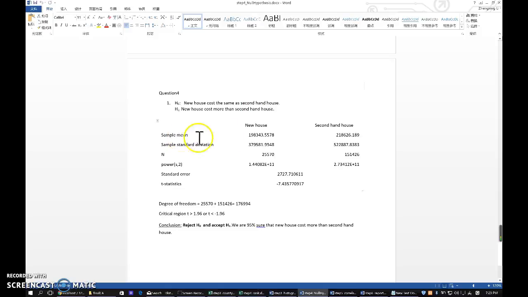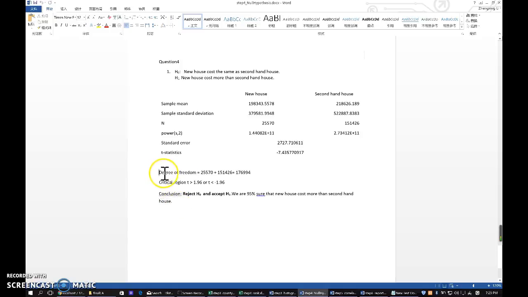We get this data for each type of house, and after calculation we get the T-score, which is minus 7.43, and according to the degrees of freedom we get a critical region, and the T-score is in the critical region, so we reject the null hypothesis and accept the alternative hypothesis, so we are 95% sure that new houses cost more than second-hand houses.